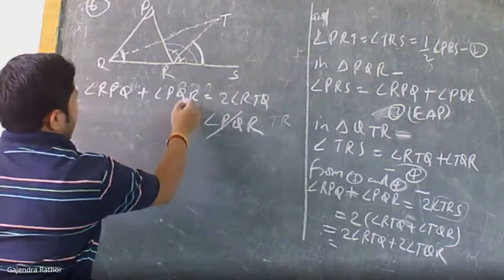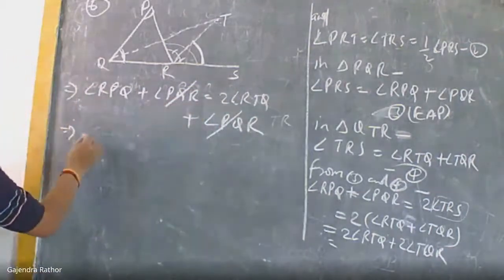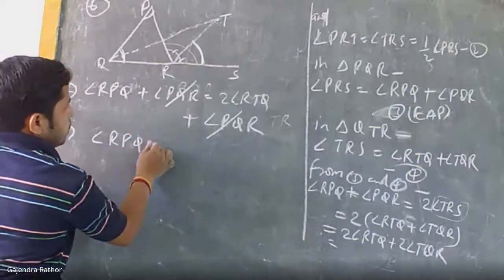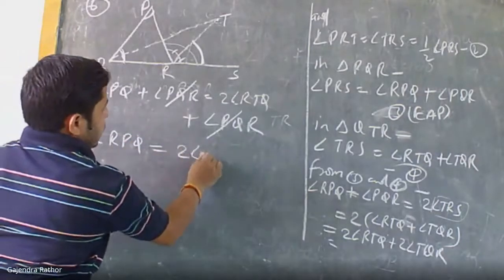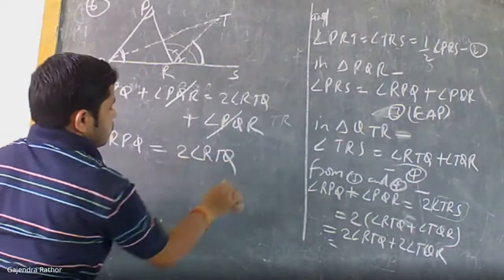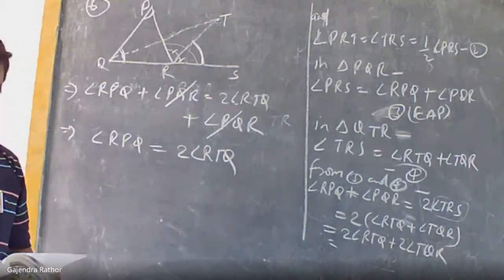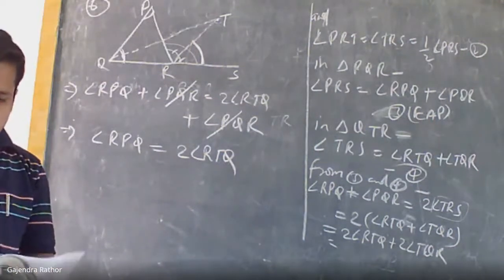Now PQR and PQR cancel, so the remaining is angle RPQ is equal to 2 angle RTQ. Which step we have to prove? This we got.